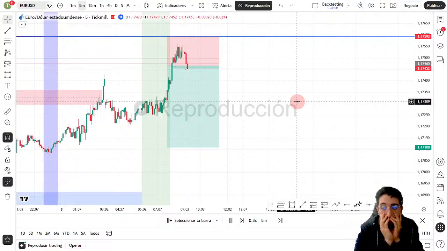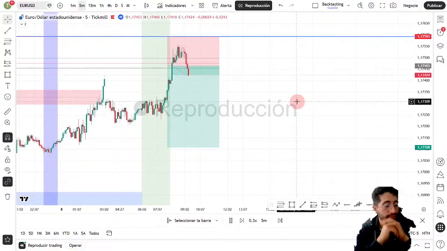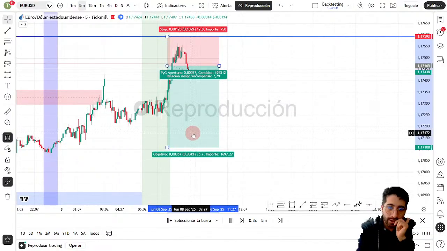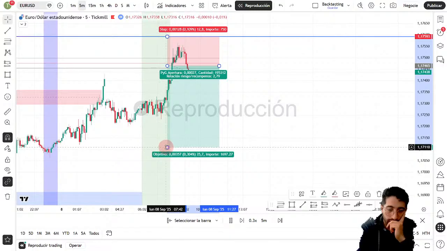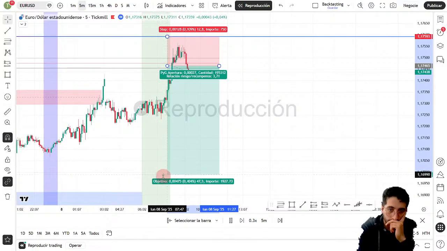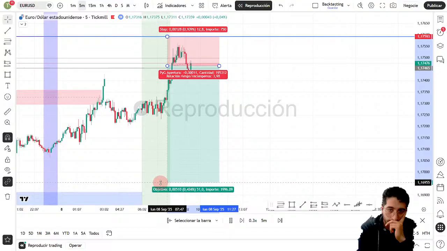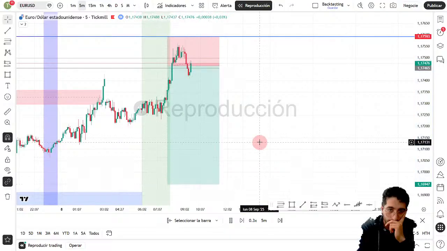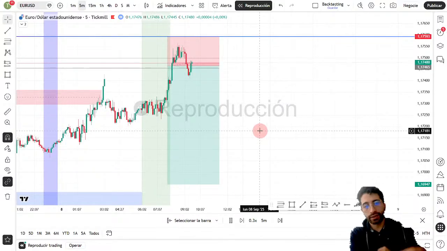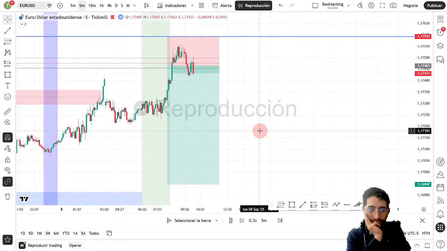Let's see if this actually worked or not. If not, it's alright. If yes, perfect. Let me adjust again the take profit limits, because we have a different stop loss. Apparently it's having a reaction. We need to be patient enough to keep waiting.